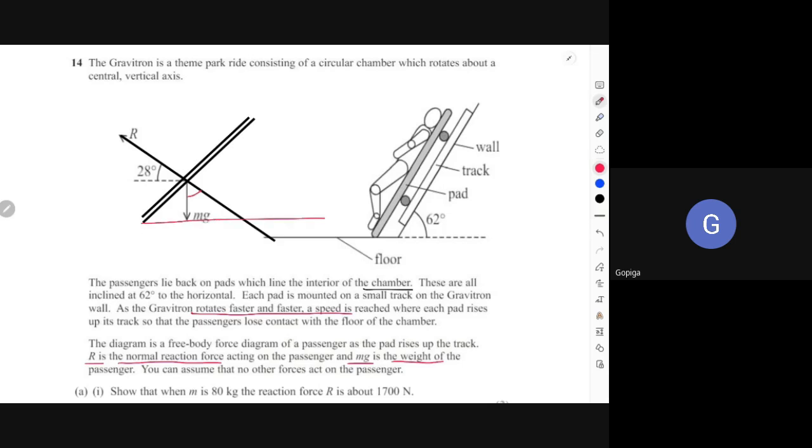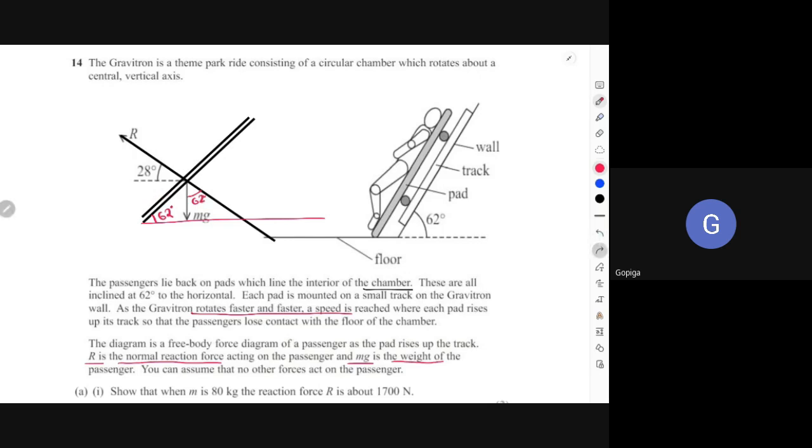Because this is the horizontal plane. This was 62 degrees. That means this over here is also 62 degrees, right? And this angle was also 62 degrees. This is how the entire distribution was.